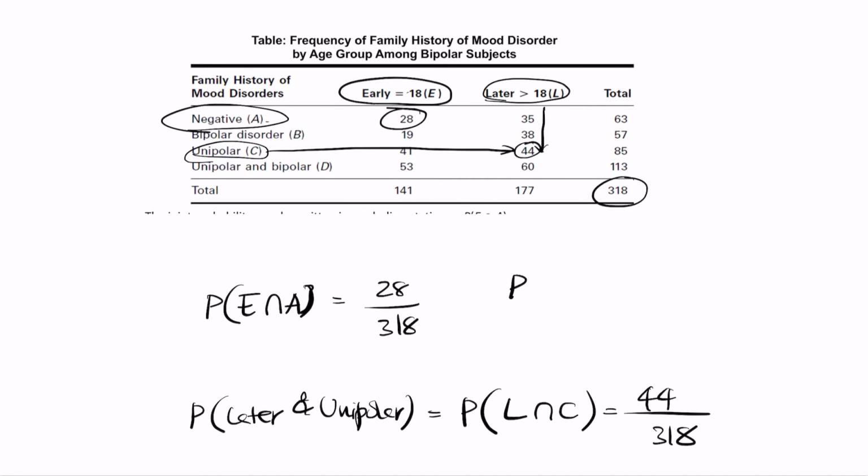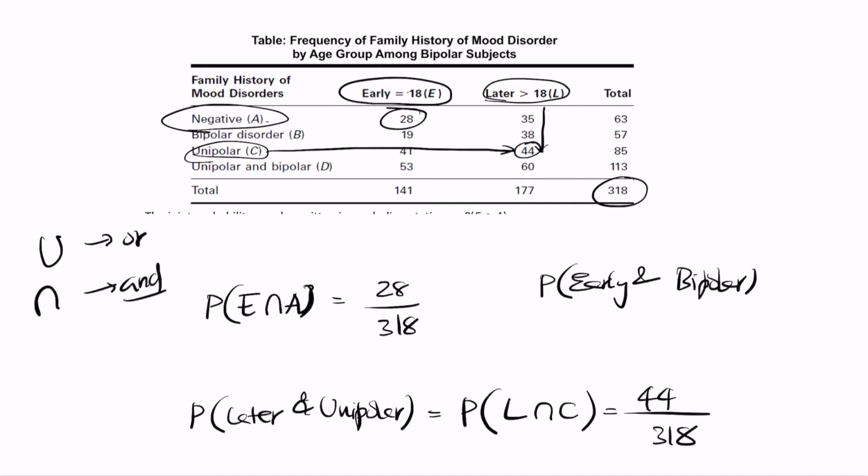Let's try another example: probability of early and bipolar. Remember that union represents or, and intersection represents and. So union is A or B, and intersection is A and B combined together.